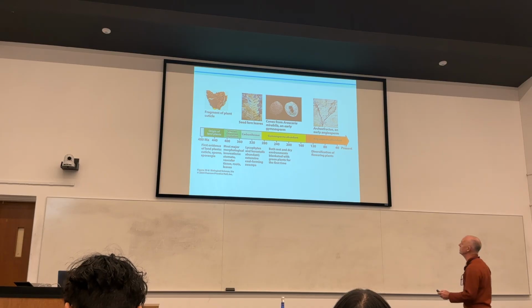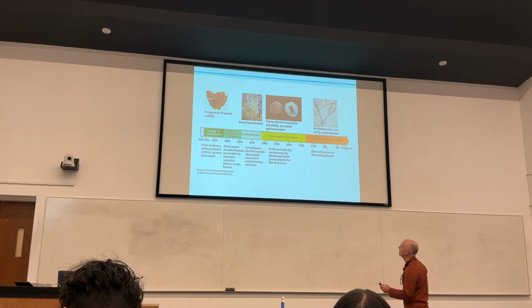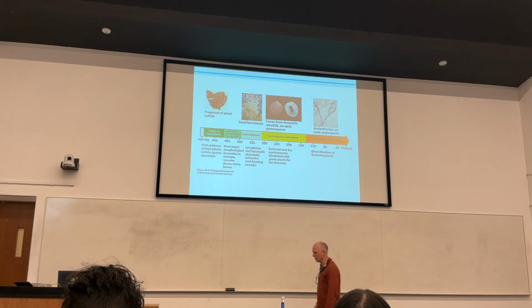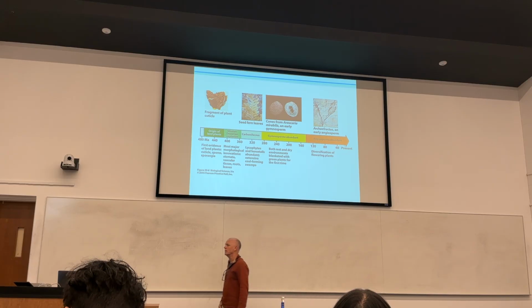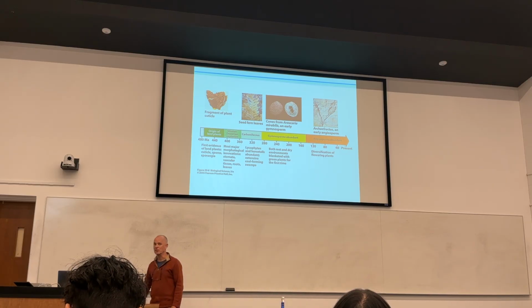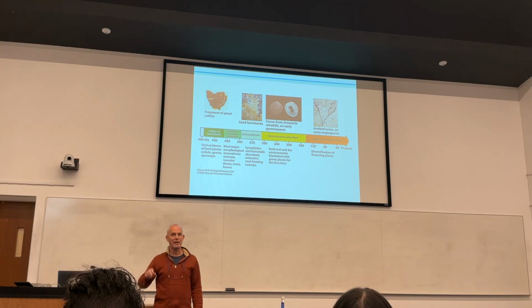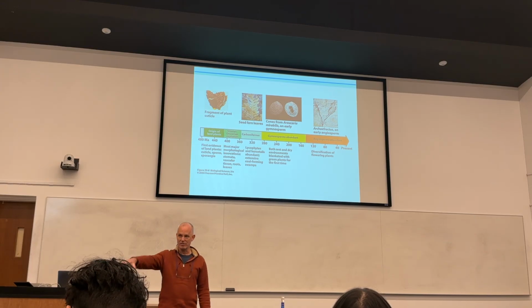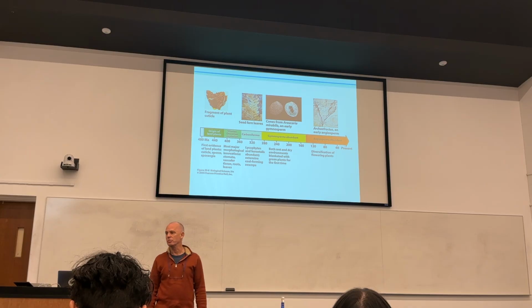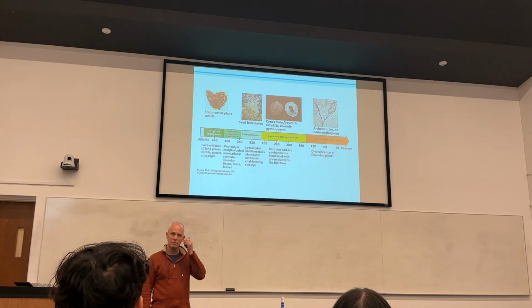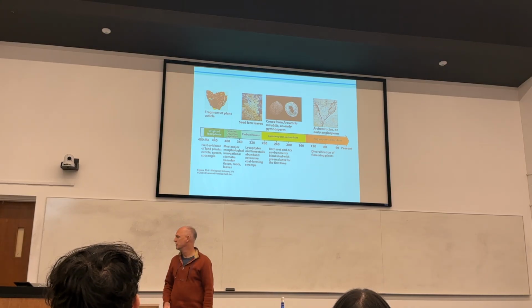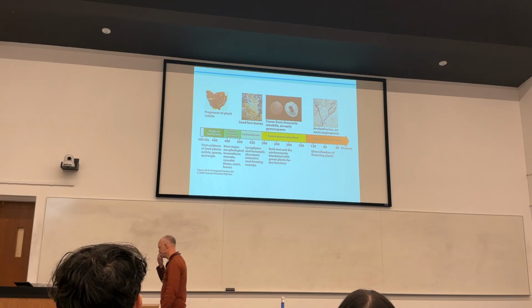Doesn't mean we don't have these. We have all of these still, okay? But the angiosperms really took over. And they're the ones that actually could go into the really dry environments, all right? The plants that you see in the deserts, those are angiosperms, all right?